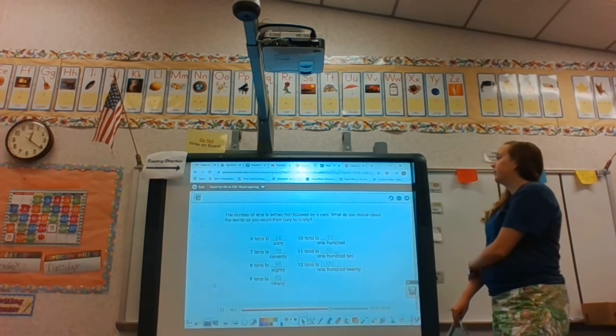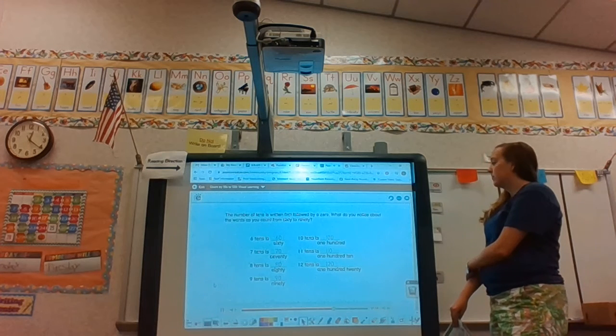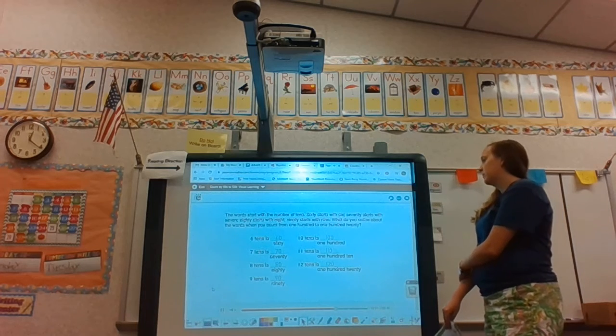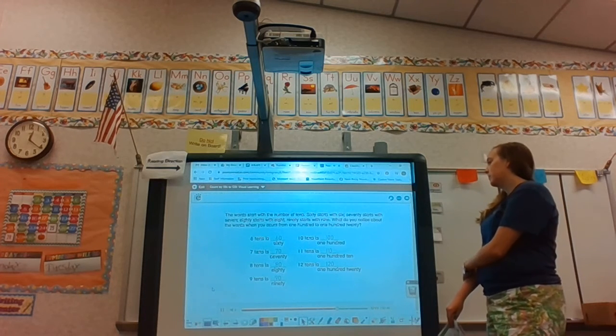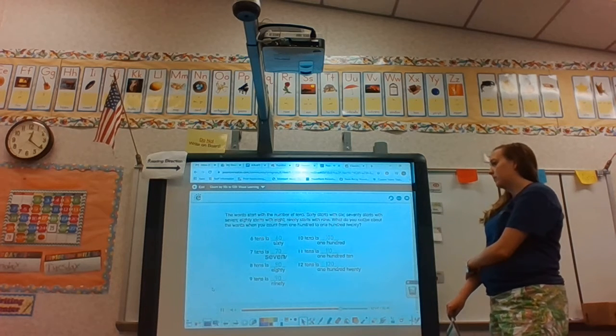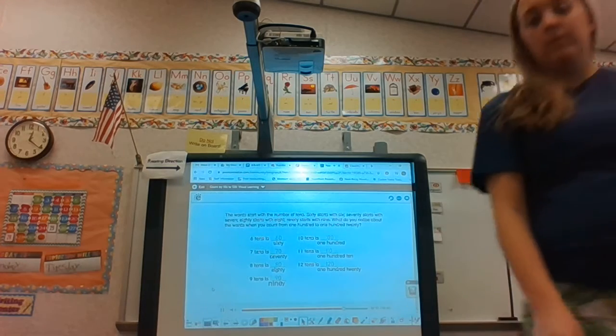What do you notice about the words as you count from 60 to 90? The words start with the number of tens. 60 starts with 6, 70 starts with 7, 80 starts with 8, 90 starts with 9.